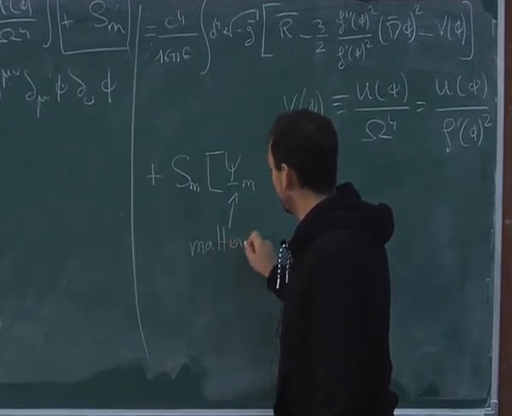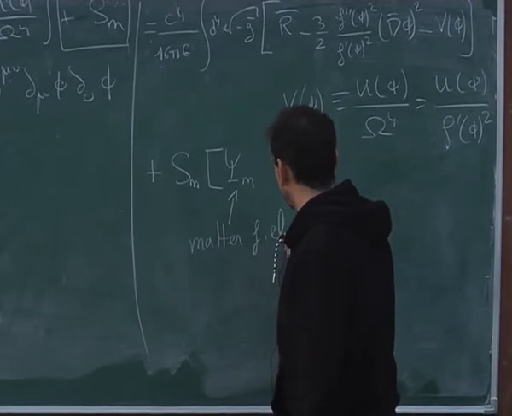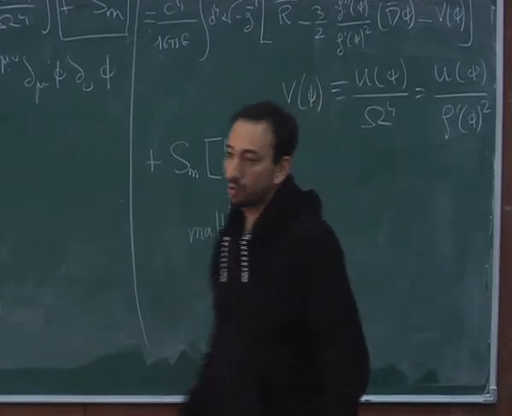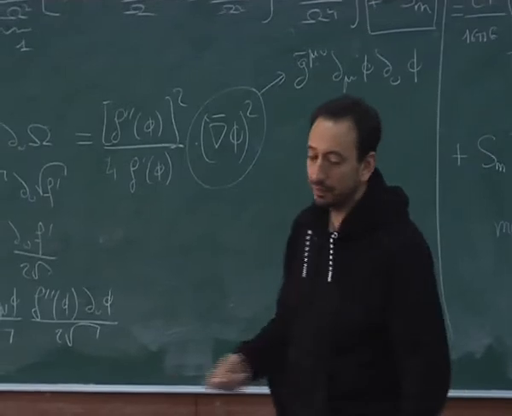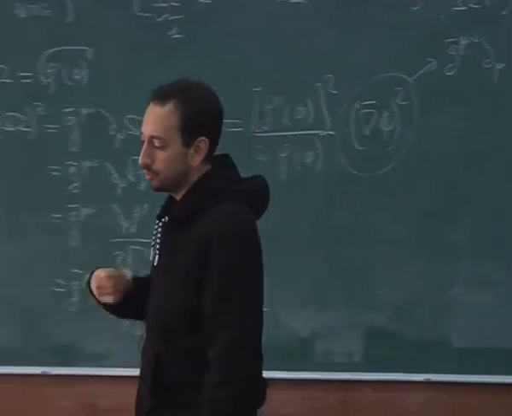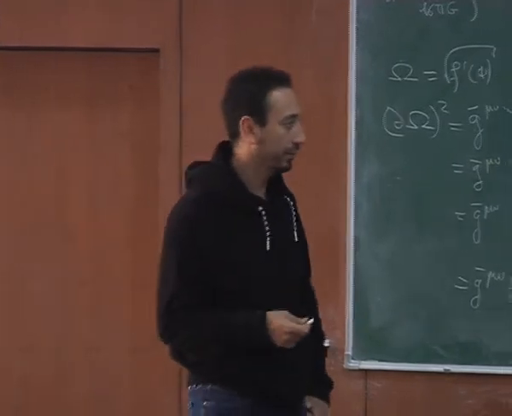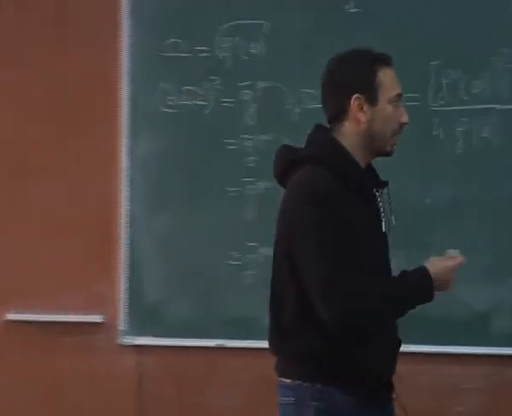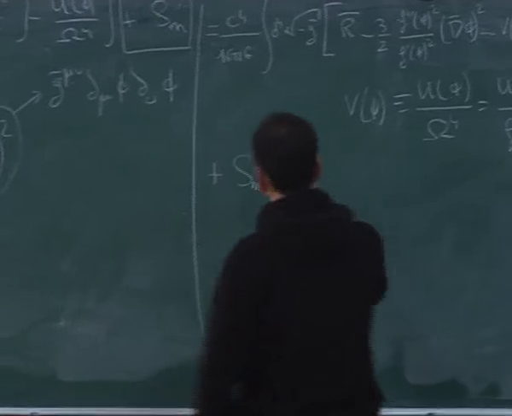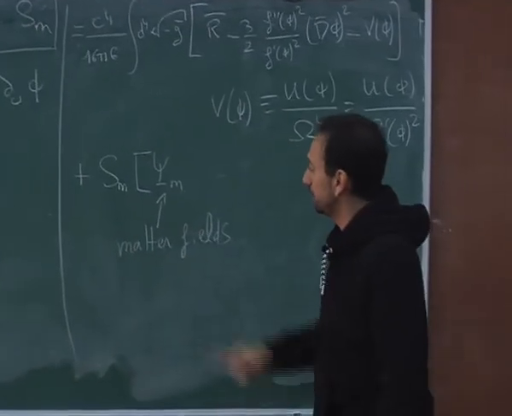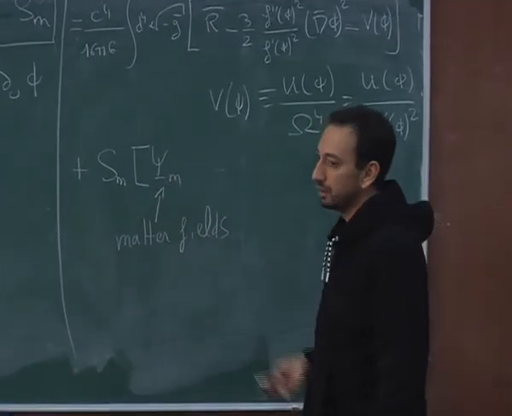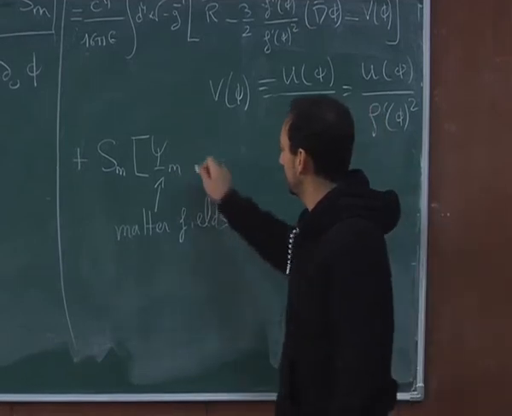These are the matter fields. It can describe fermions, bosons, whatever theory you want to consider. You just add some fields there, Dirac fields, whatever field you want to consider. So I just write it collectively as psi of m. It's not a scalar. It can be any field that you can consider.